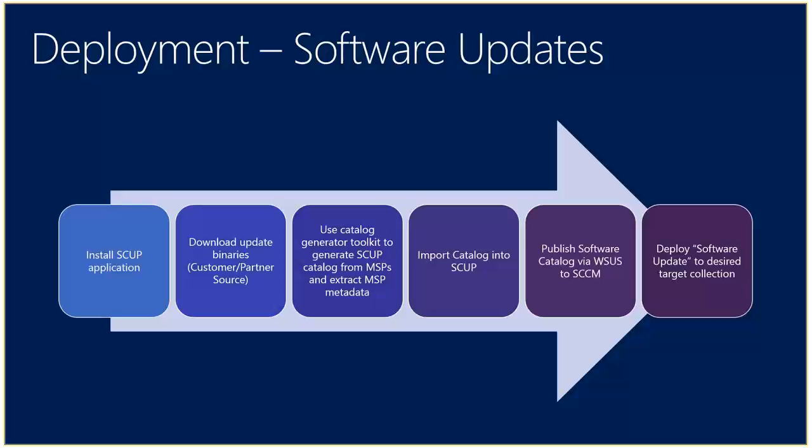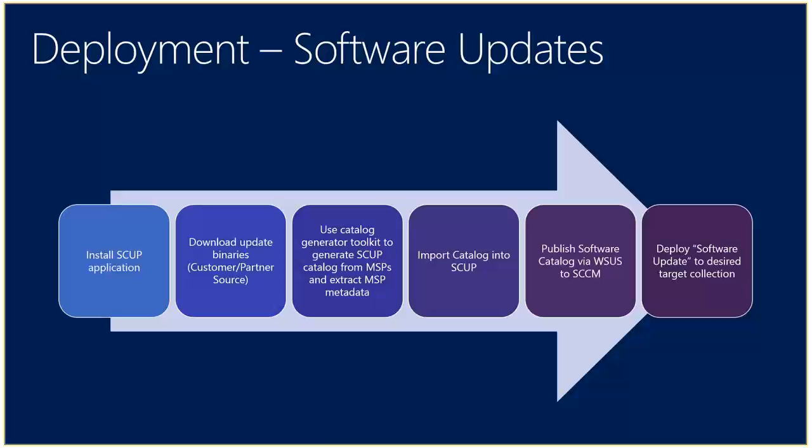This toolkit takes the MSP from the update package that you originally had, and from reading the metadata from that MSP, it's able to automatically fetch the information that is required for creating a catalog kind of file, which is used for software update deployment using SCUP as well as Configuration Manager.